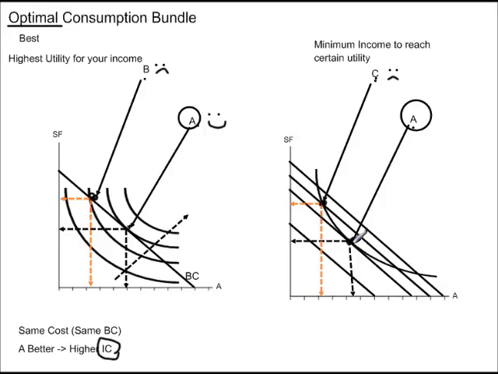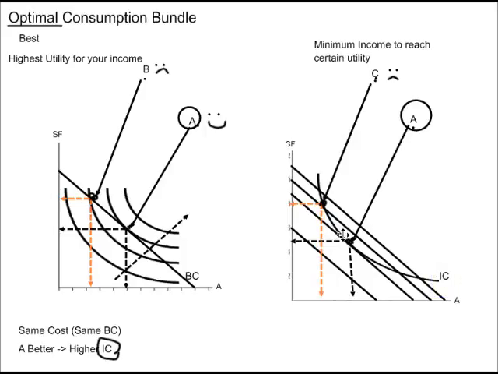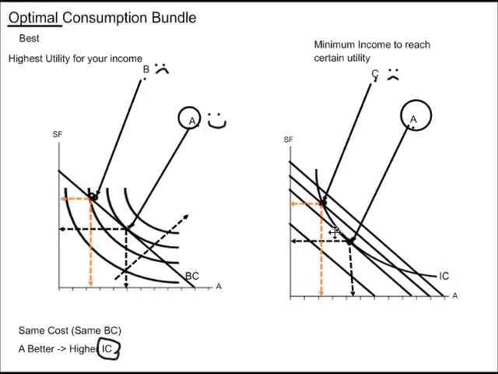What do we know about A and C? Well, what we know about A and C is those are two combinations of output that are on the same indifference curve, right? Their indifference curve is the same. What does that mean? That means I am equally happy between both of them. I am equally satisfied with combination A and combination C. Their utility is the same.